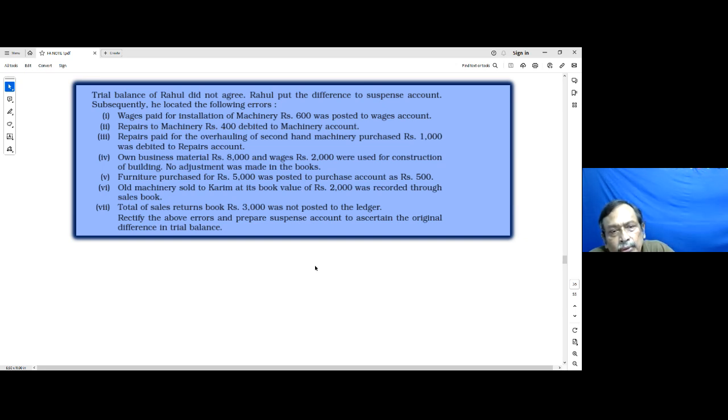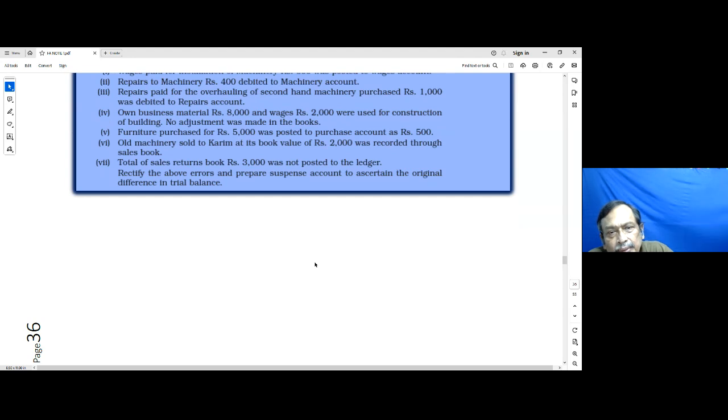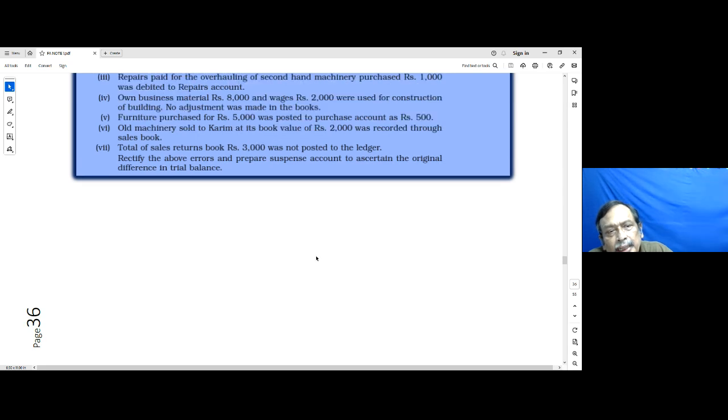Old machinery sold to Karim at its book value rupees 2000 was recorded in sales book. So sales account will be debited and old machinery account will be credited. Total of sales return book rupees 3000 was not posted to the ledger. Sales return always has a debit balance. So sales return account will be debited and suspense account will be credited.